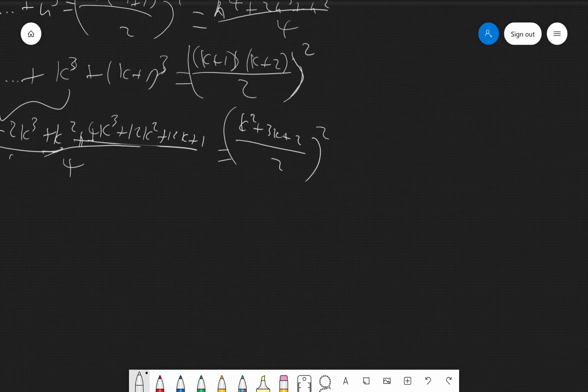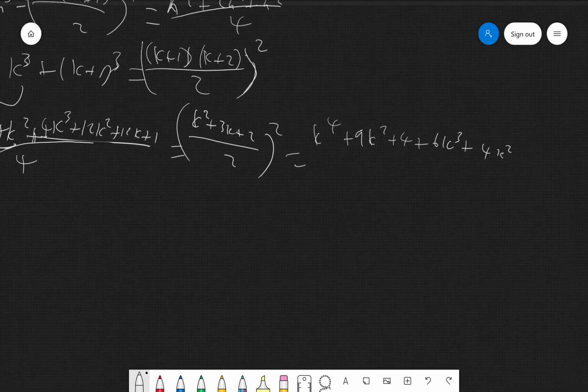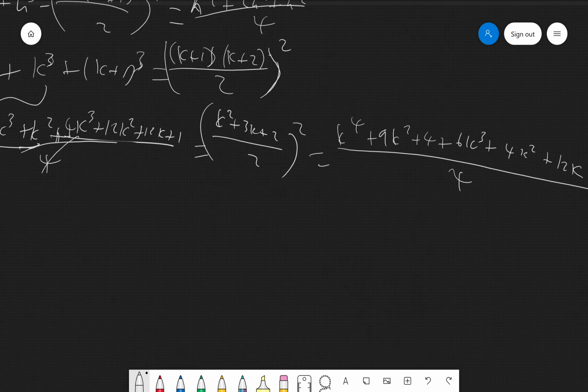And now that is equal to, we square the top, we get k to the fourth plus 9k squared plus 4 plus 6k cubed plus 4k squared plus 12k over 4. Multiply by 4 on both sides, you get this.